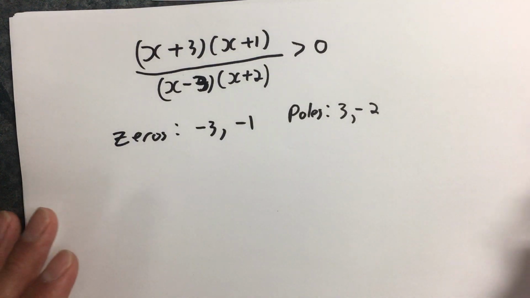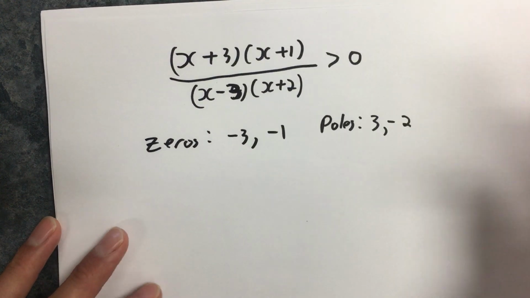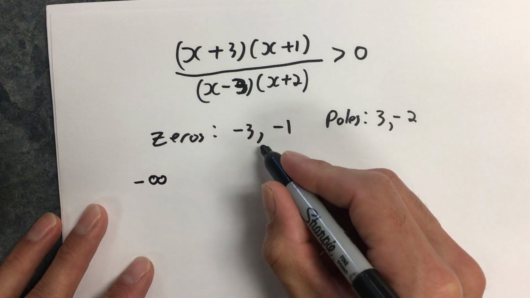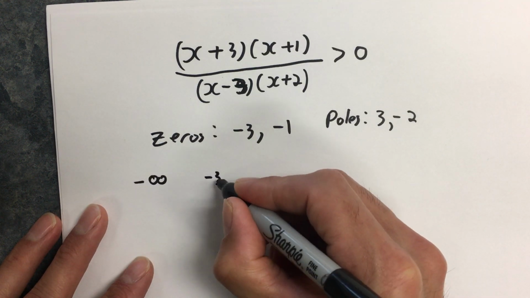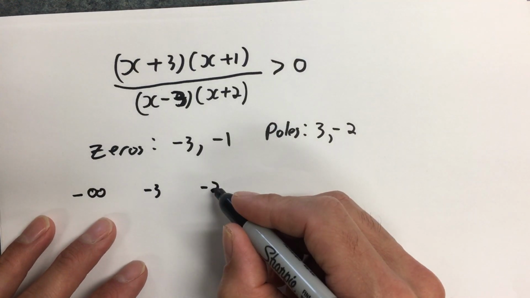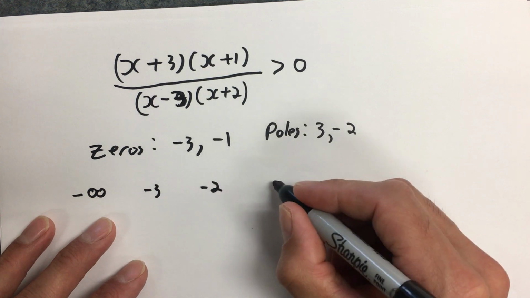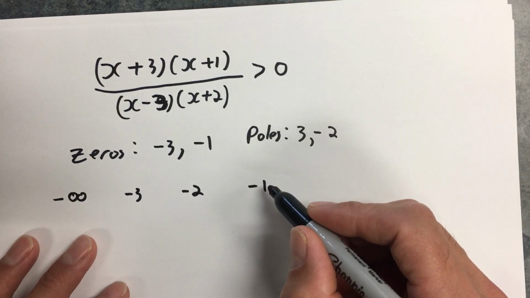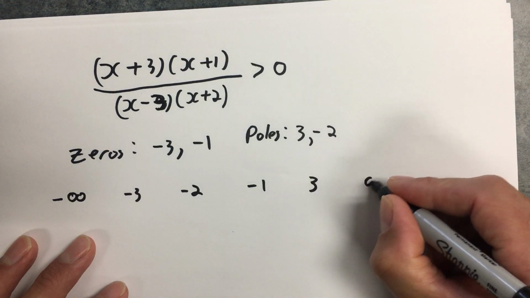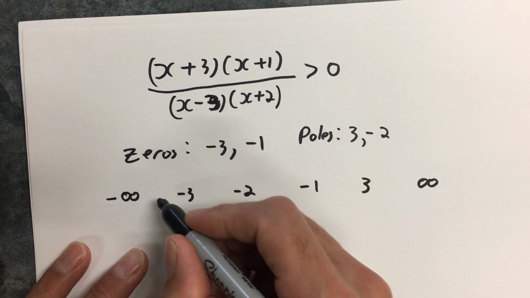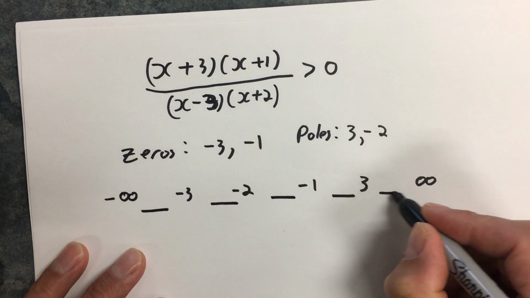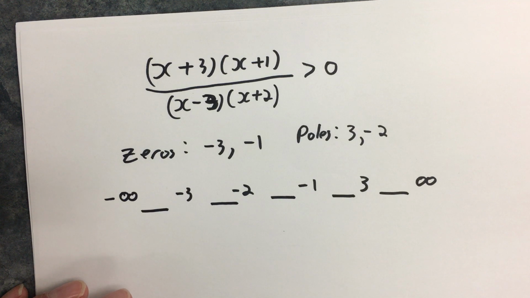Okay, so my intervals are, this thing is defined from -infinity to -3, from -3 to -2, from -2 to -1, from -1 up to 3, and then from 3 to infinity, giving me 1, 2, 3, 4, 5 separate intervals to consider.